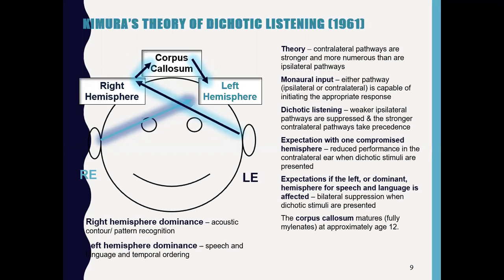And what this is based on is normal development from 0 to 12 should be that the right ear processes stronger than the left, because the most direct route from the ear to the brain is diagonal. So when information comes in the right ear, it's going to go directly over to the left hemisphere. When information comes in the left ear, it's going to go over to the right hemisphere, and then it has to travel over the corpus callosum to get to the left hemisphere. So there's a longer pathway.